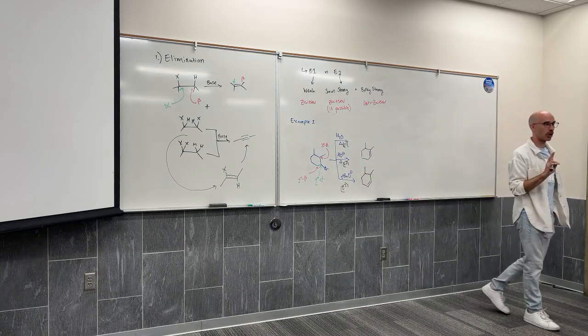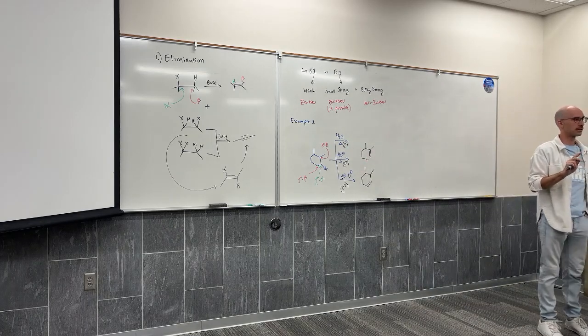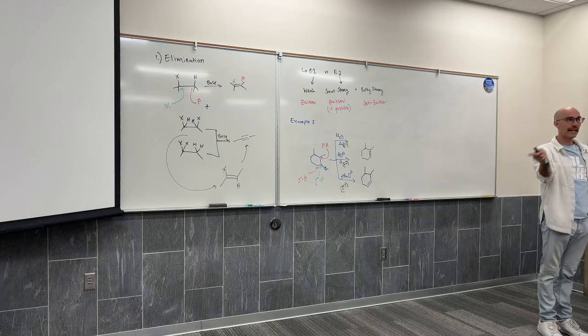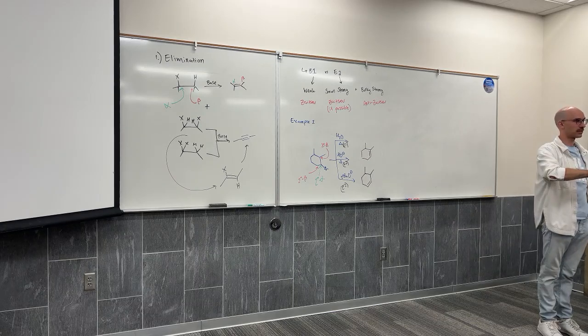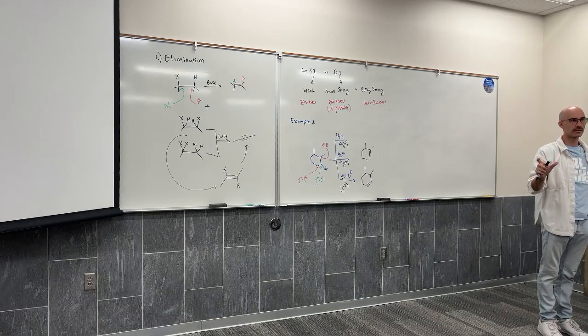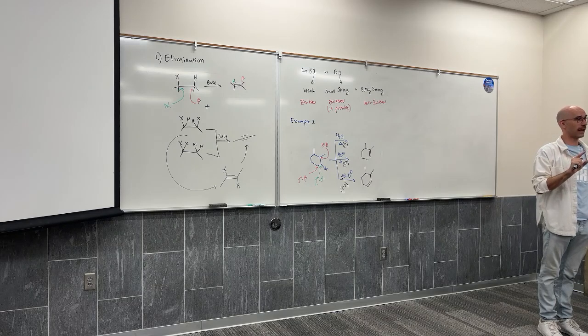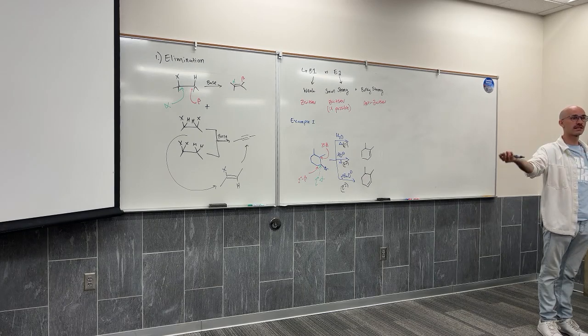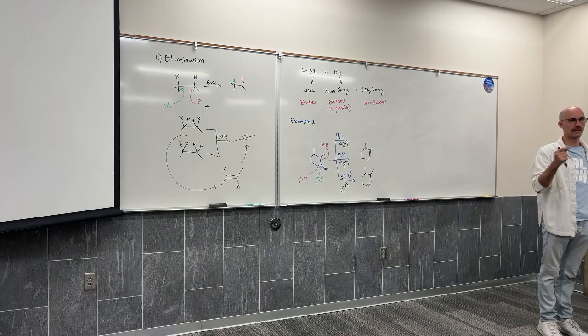E2 does not have carbocation intermediates, so only adjacent beta positions can give alkenes. E1 has a carbocation intermediate. And what's possible with carbocations? Rearrangements. But only rearrangements if there's a more stable carbocation that could form adjacent.